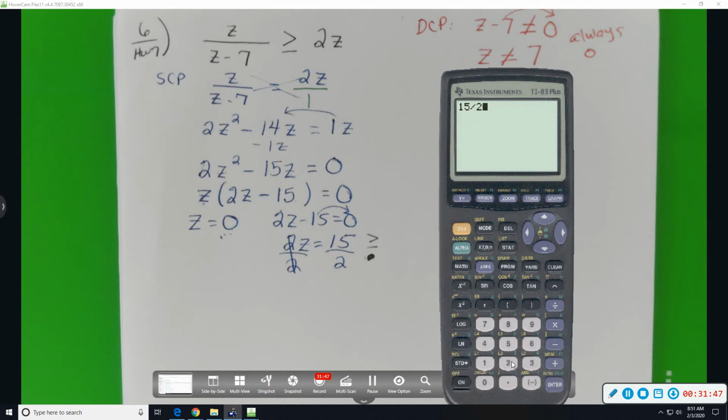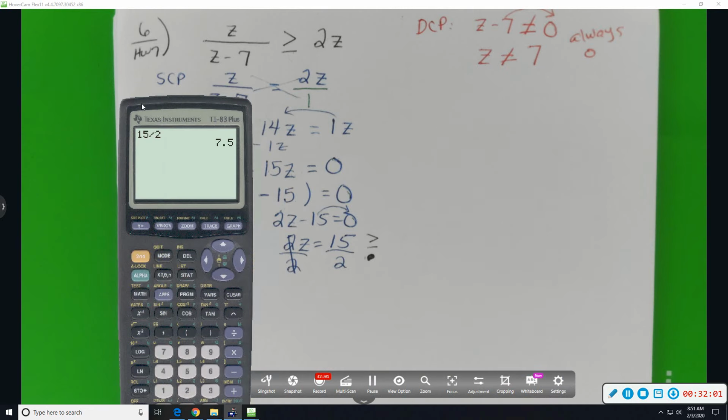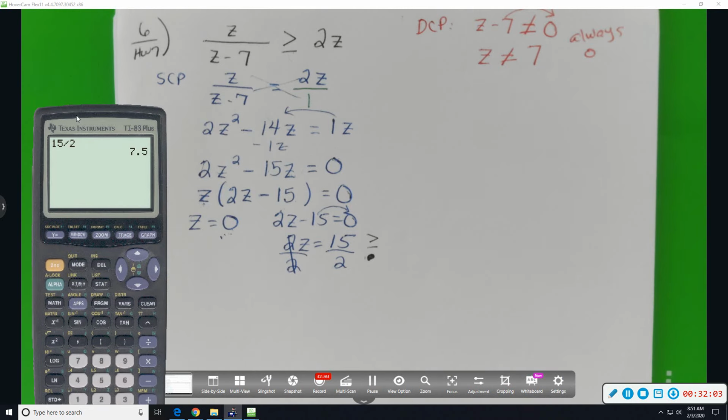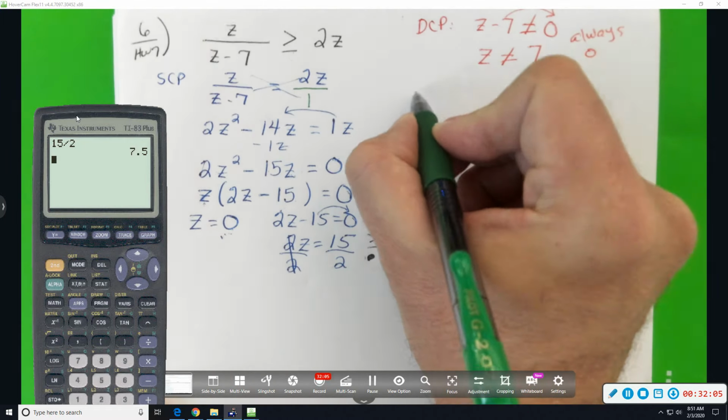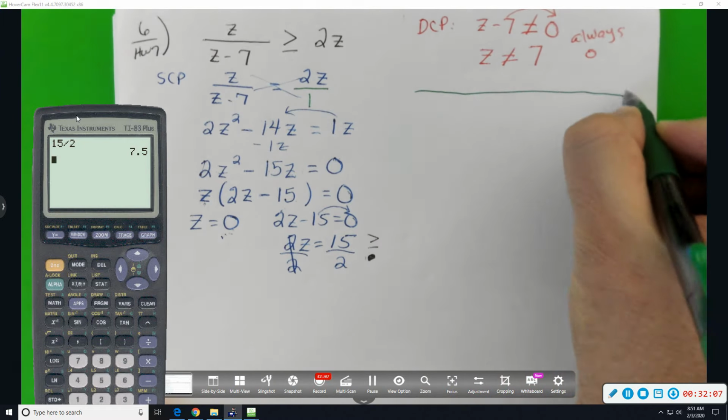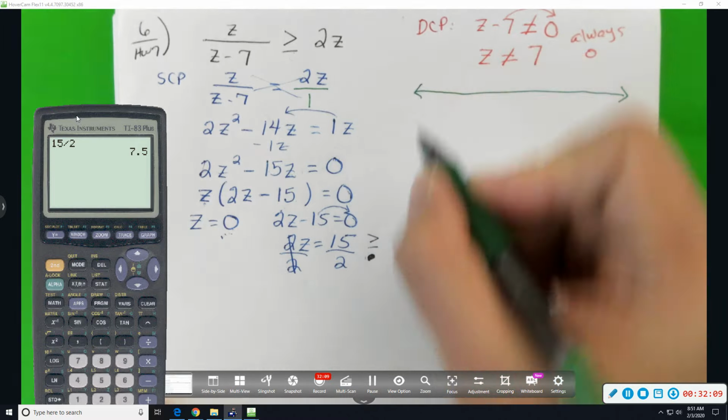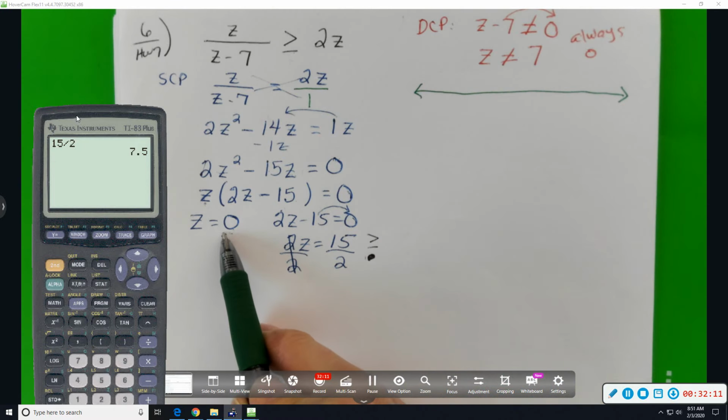If you can't, maybe you want to just think of it as 7.5. 7.5, 15 over 2. I'm not going to write it as 7.5, but that'll help me figure out where to put it on the number line. If I draw my number line, I'm going to put 3 marks. Why 3? Because there's 3 cut points.